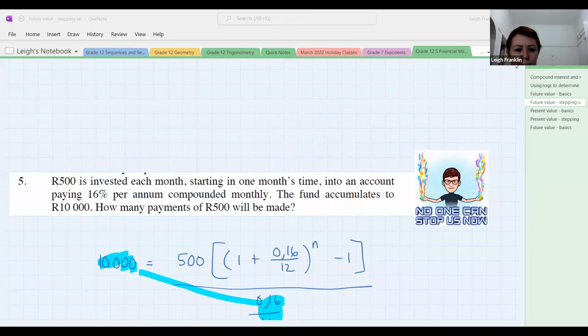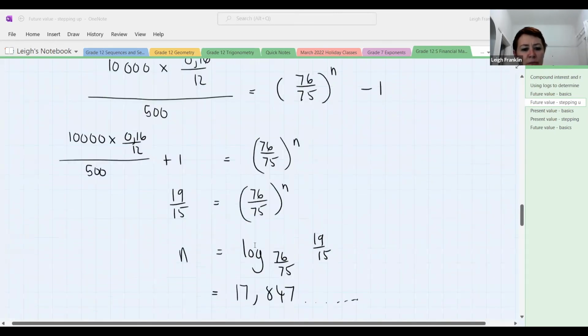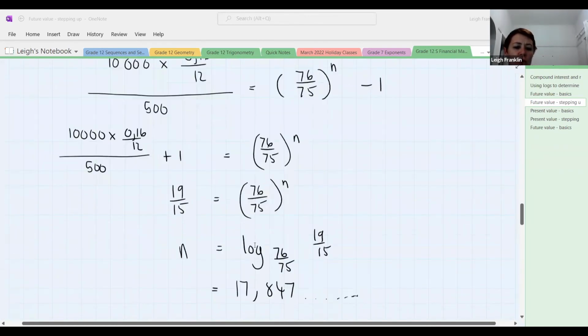Yes, I agree, I also think it's months. Remember, 500 Rand is being invested every month. So how many payments of 500 Rand will be made? It's going to be 17.847.